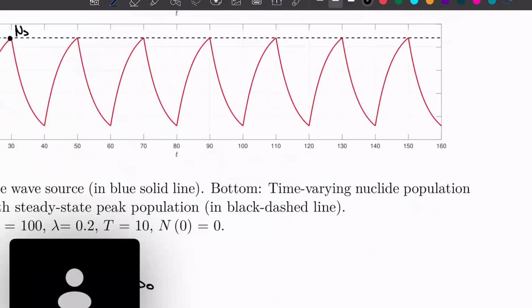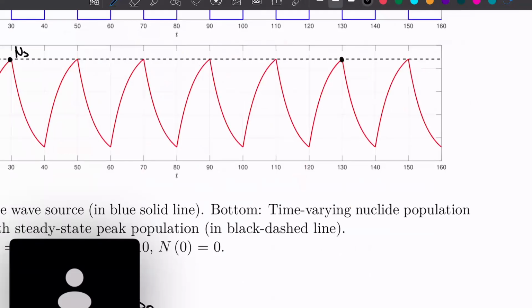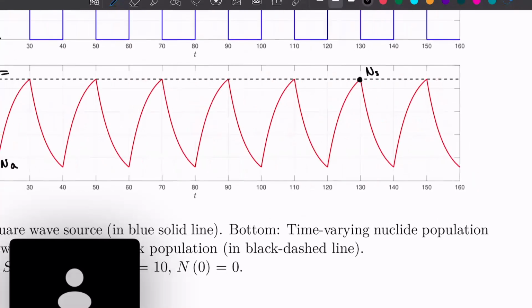the idea is that, okay, let's say this is your steady state. We just ignore everything else. This is the steady state population. Your steady state population at this point is a bit hard to articulate, but I'll try my best. This steady state population is actually the sum of the past generations of nuclides.